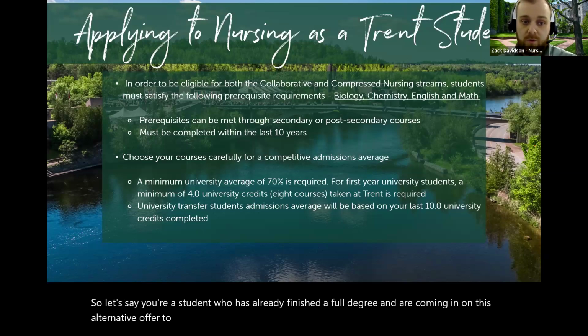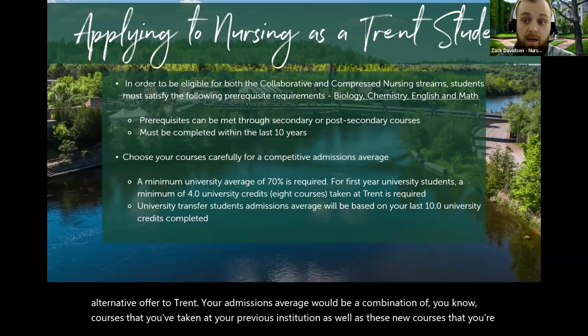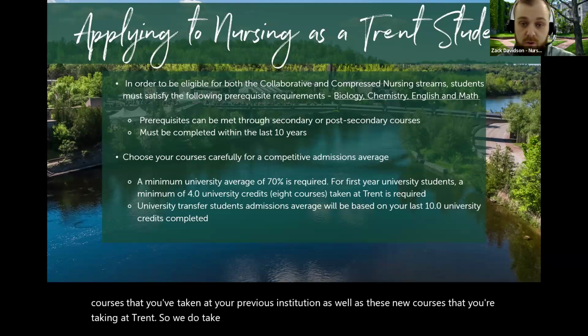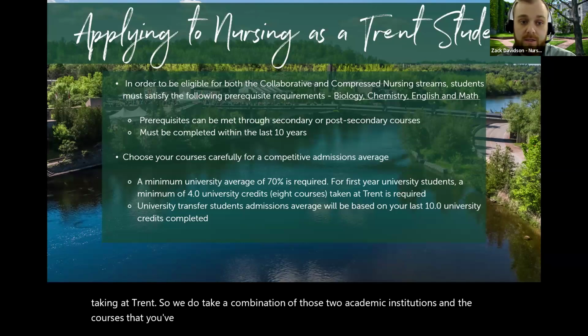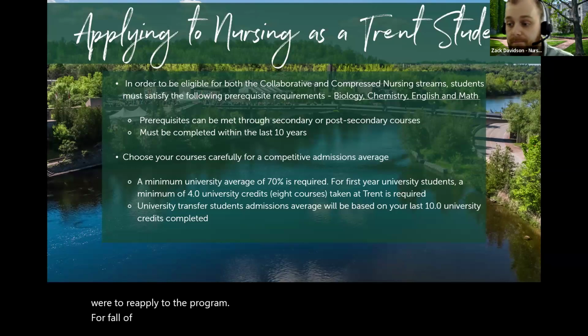Your admissions average would be a combination of courses that you've taken at your previous institution, as well as these new courses that you're taking at Trent. So we do take a combination of those two academic institutions and the courses that you've completed at them to determine your new admissions average if you were to reapply to the program for fall of 2026. So that's how that admissions process works for university students.